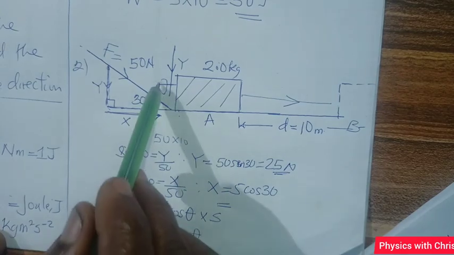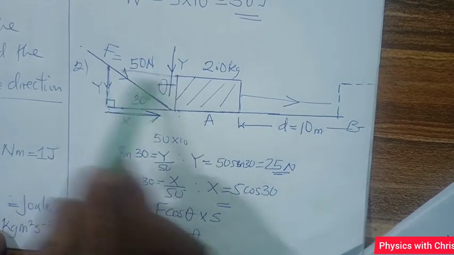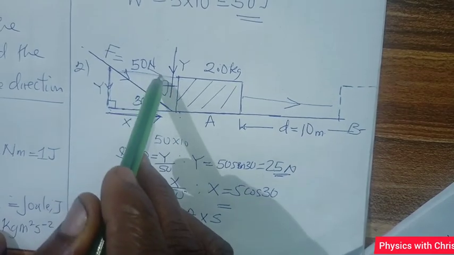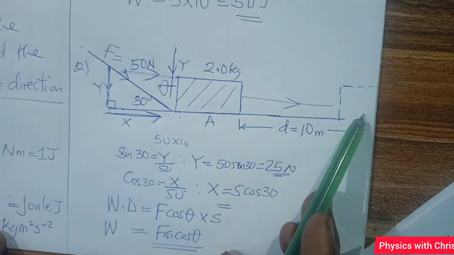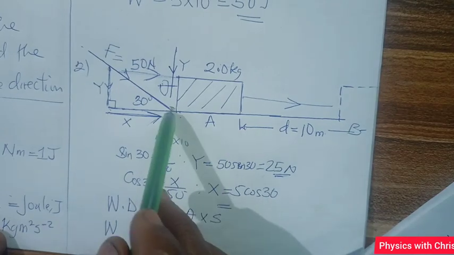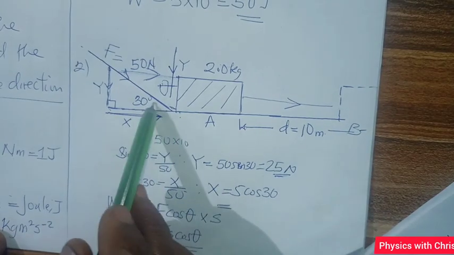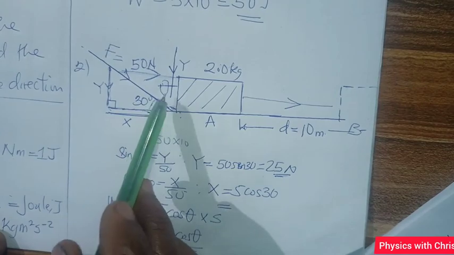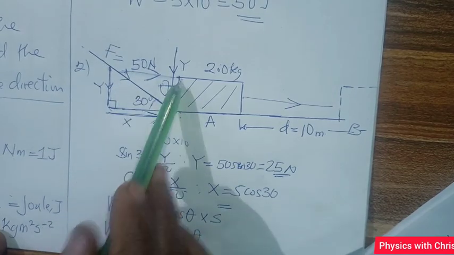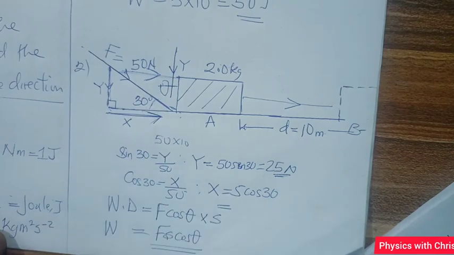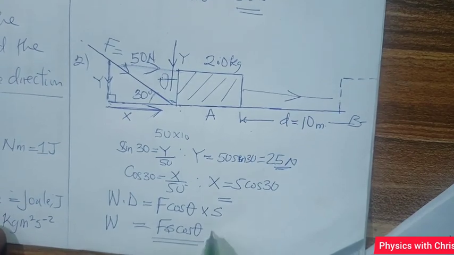Because let's say you are given this angle theta, for instance, and I want to find the component along the direction of the displacement. If this angle was given rather than this angle here, I'm going to use opposite over hypotenuse. So it gives me F sine theta multiplied by distance d. Okay, so I have my parameters.